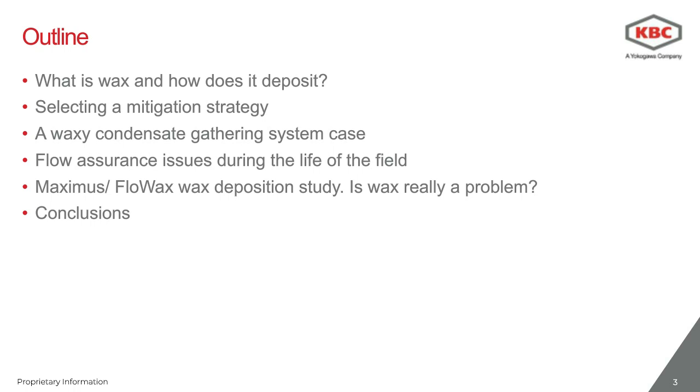I'm going to look at how one would select a mitigation strategy, and then focus on a waxy condensate gathering system case with various flow assurance issues, look at the life of field simulation results, and introduce our wax deposition solution, FlowWax, embedded in Maximus, to basically answer the topic question: is wax really a problem in this case, and can we draw any conclusion in general on this, and then draw some conclusions on this case.